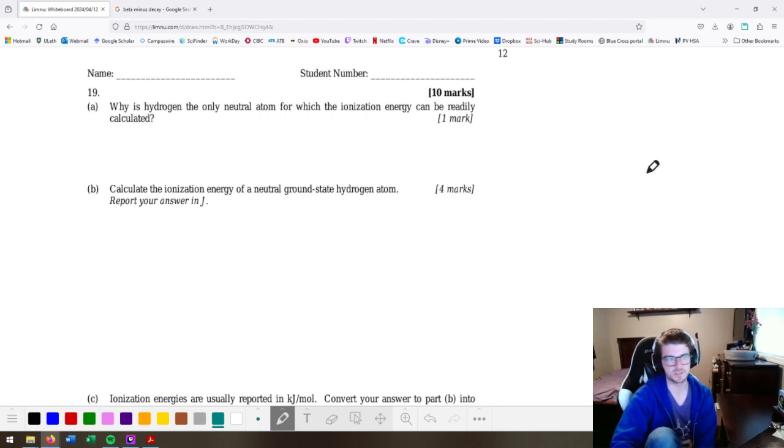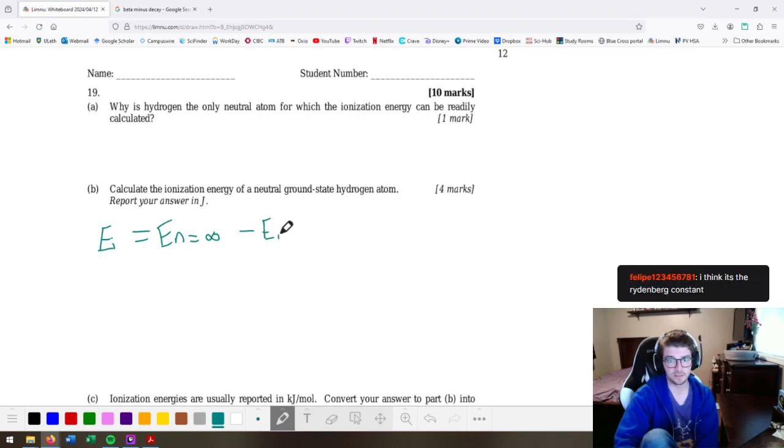So the equation that we're going to be working with is E_I equals E at n equals infinity minus, and I will explain what these mean in just a moment.